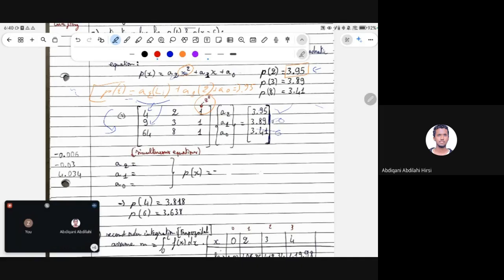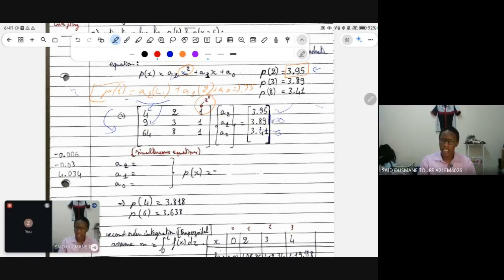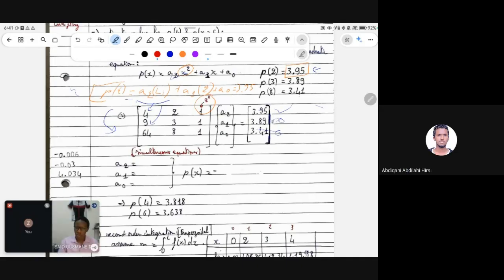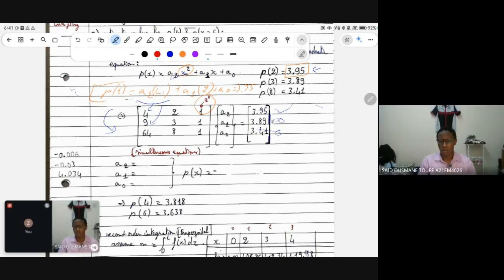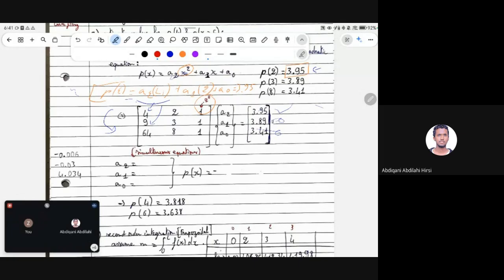Minus 0.02. No, you're not supposed to get 0.02. You should get minus 0.06, or minus 0.058. But 0.02 is too far. Okay, and for B, I get 0.05.